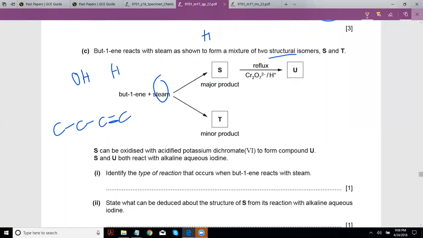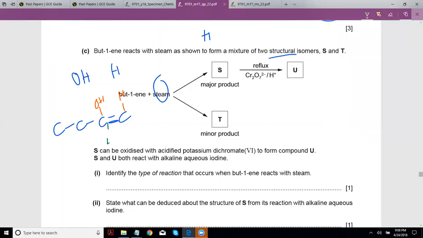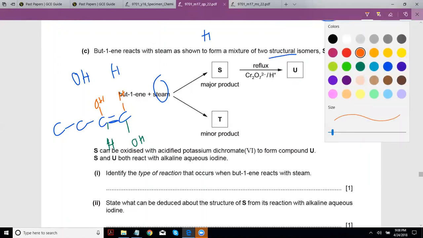If I show you the two options, either this can happen, or alternatively, if you ignore the red, this can happen. And the major product would be that in red, and Hamza will explain why.